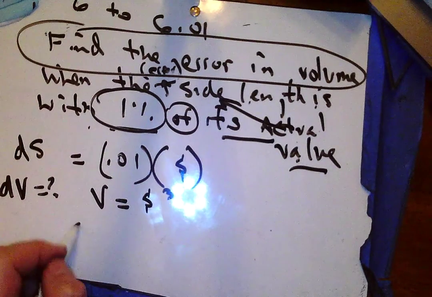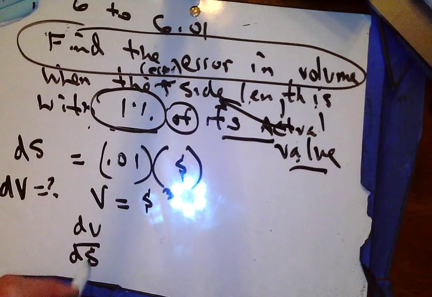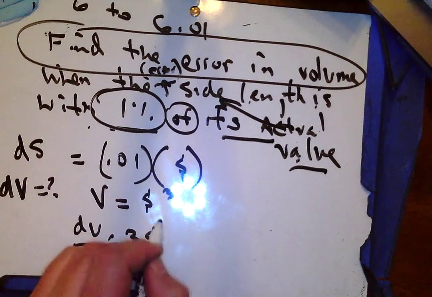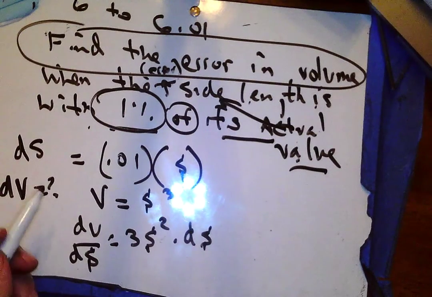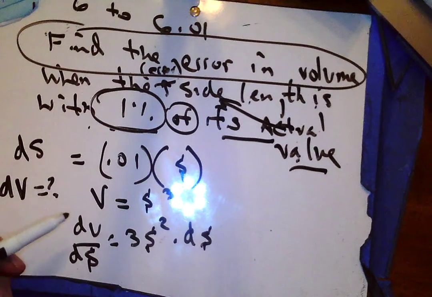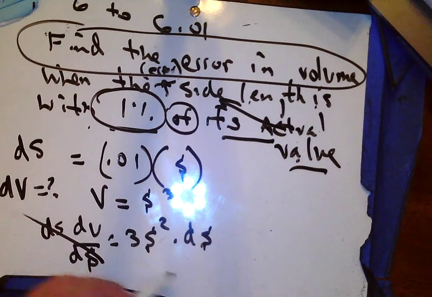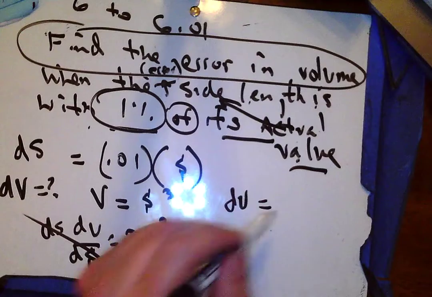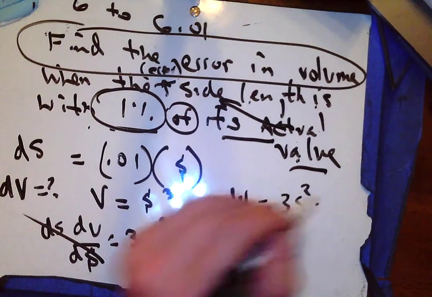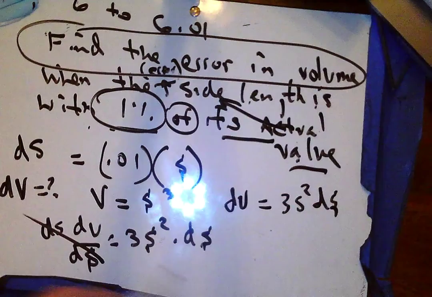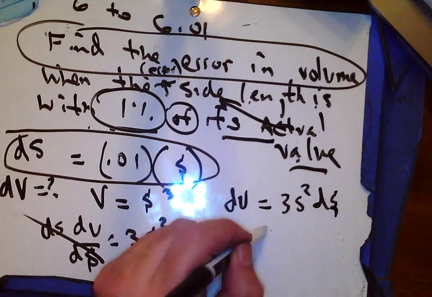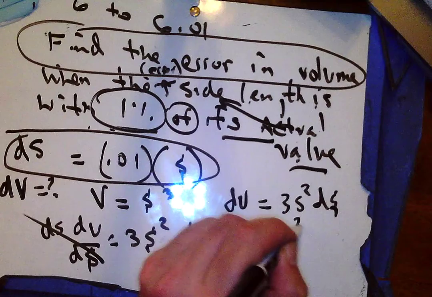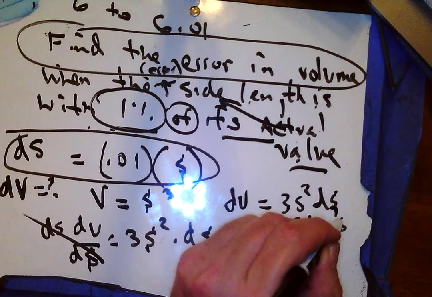So then dv/ds is going to be 3s squared. Multiply both sides by ds, there we go. We know that dv equals 3s squared times ds. For us, we've been told that ds is 0.01s, so 3s squared times 0.01s.